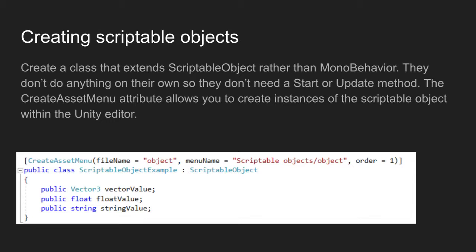If you apply the CreateAssetMenu attribute to the class, then you can actually create instances of the scriptable object within the Unity editor, like without using any code.